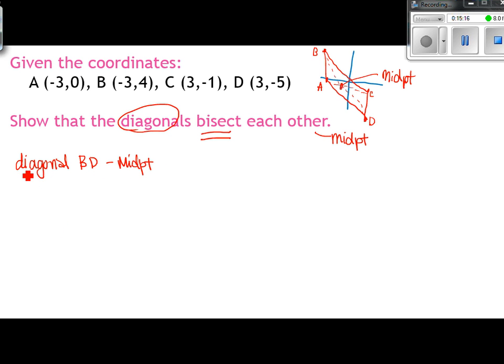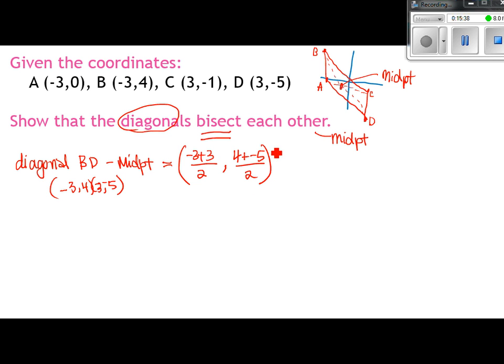Okay, so midpoint, if we've got B, we've got ordered pairs. Just going to do the ordered pairs here again so I don't accidentally take the wrong one. And I'm going to use the midpoint formula, which says take the x's and add them together and divide by 2. Take the y's and add them together and divide by 2.